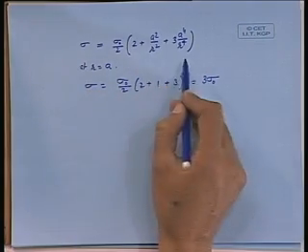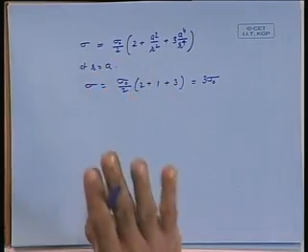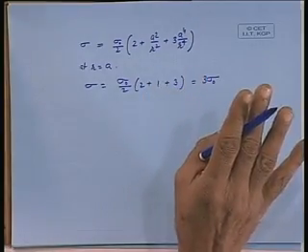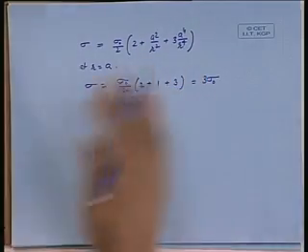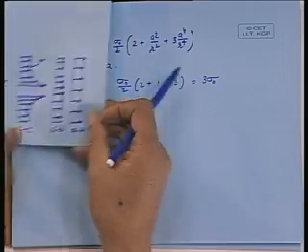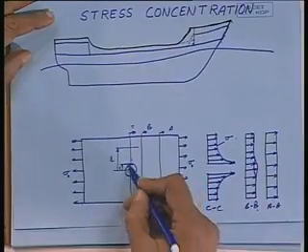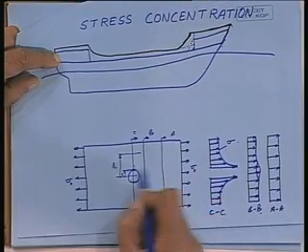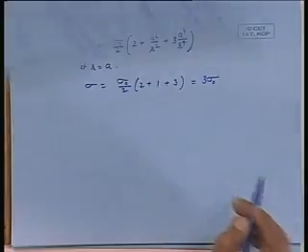So, this part has been mathematically derived from theory of elasticity. I am not going into the details of how it has been derived, but knowing this fact, as soon as you make a hole here, the stress which you will get at this place will be of this order.